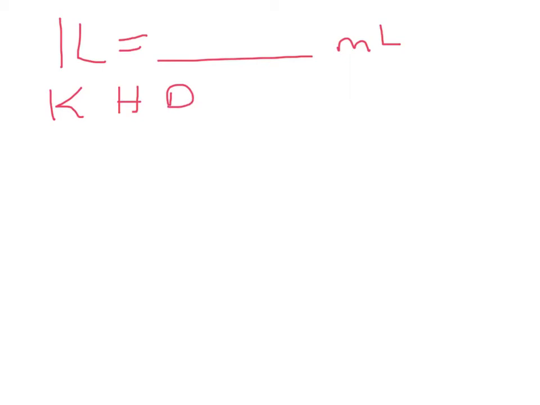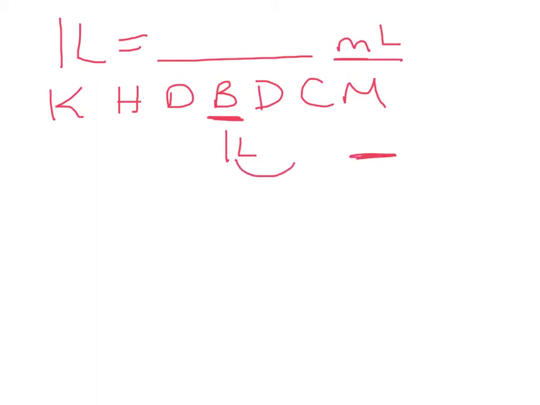All right, so our next practice problem is 1 liter equals how many milliliters? So again, we're going to write our mnemonic device, King Henry died by drinking chocolate milk, and we're at our base unit, 1 liter, and we want to go all the way to milliliters, which is this way. So 1 milliliter, we're going to move it 1, 2, 3 places.